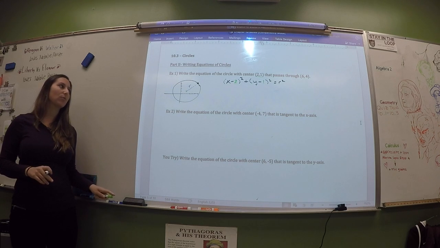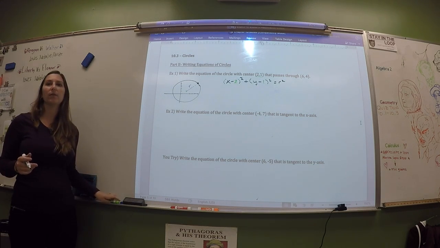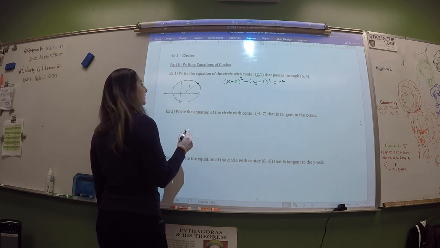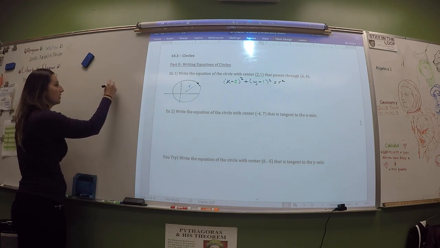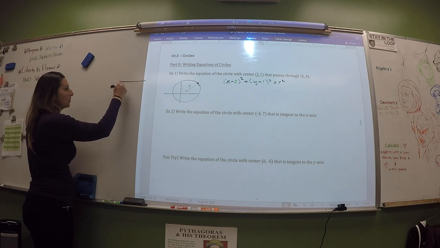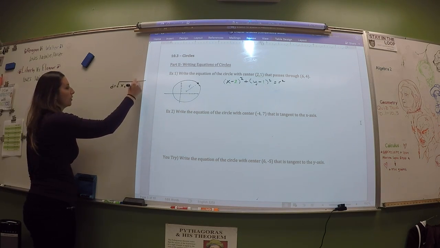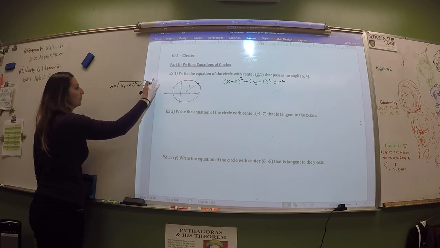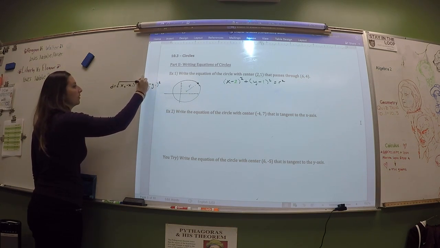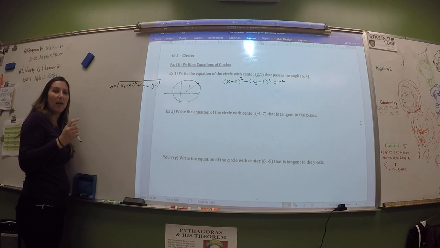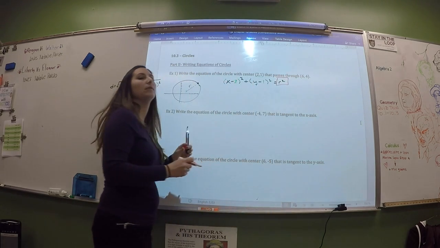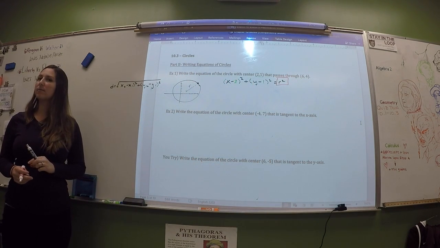Now, we don't need the radius, we need the radius squared. The distance formula is the distance between 2 points. We don't necessarily need the distance, that would be the radius. What we want to plug in is the radius squared, not the radius.